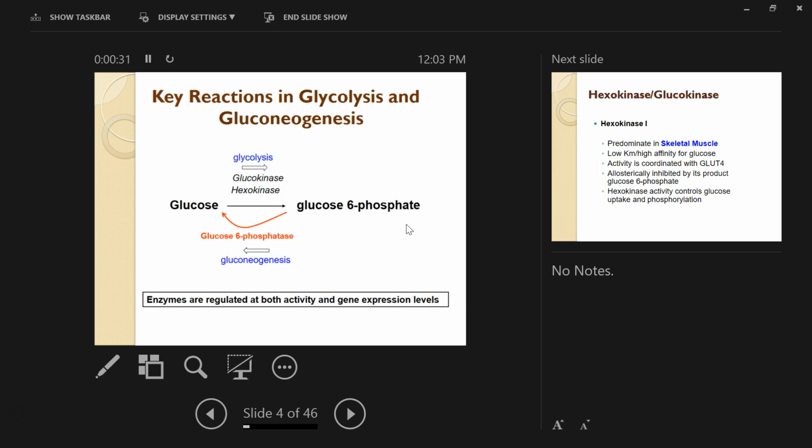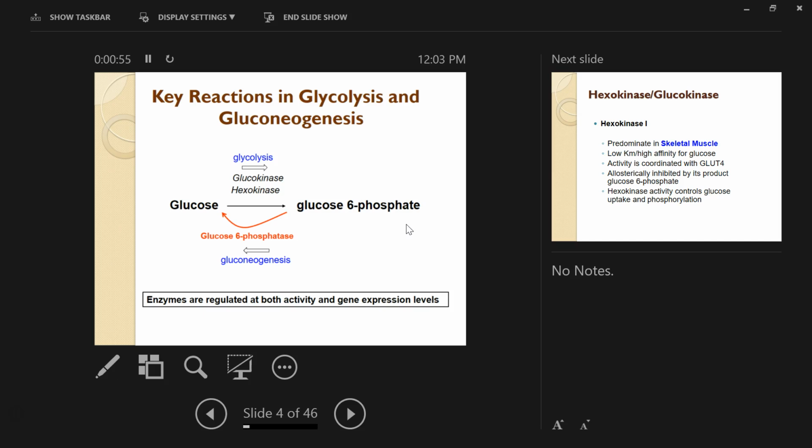And we have the overall picture of the whole pathway activities, glycolysis versus gluconeogenesis, regulated by hormones and substrates. Now I want to go into detail on each key reaction enzyme, how they are regulated by hormones and substrates, right?